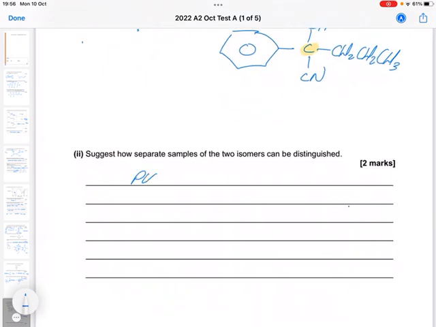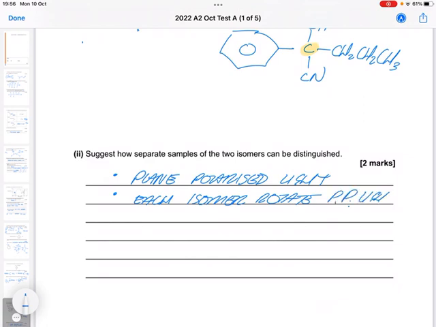That will get you 1 mark. And then the second mark is that each isomer rotates the plane polarized light by equal amounts in opposite directions.